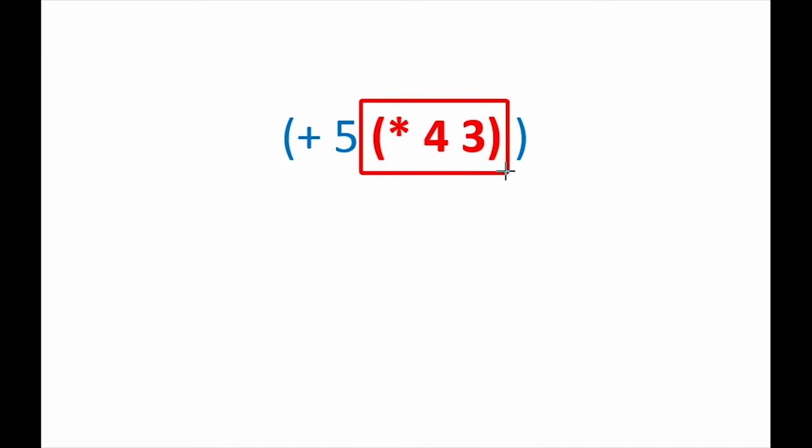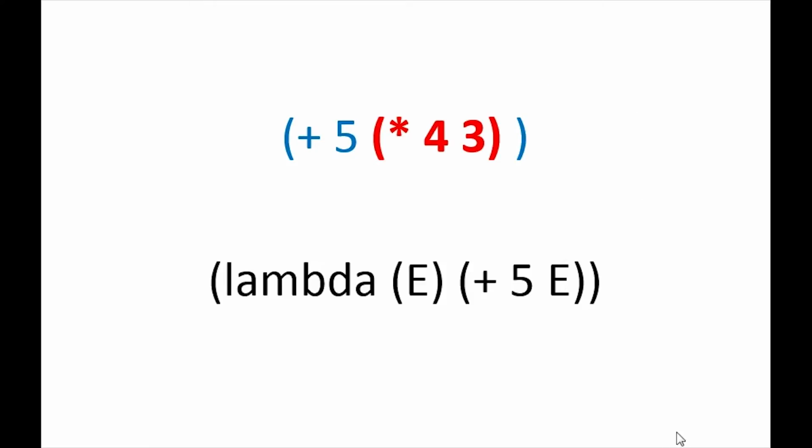So what is the continuation of this point in the program? Well, in English words, the continuation of this spot is adding 5 to whatever value we have in the red box. Adding 5 to. And this continuation we can easily represent as a function.